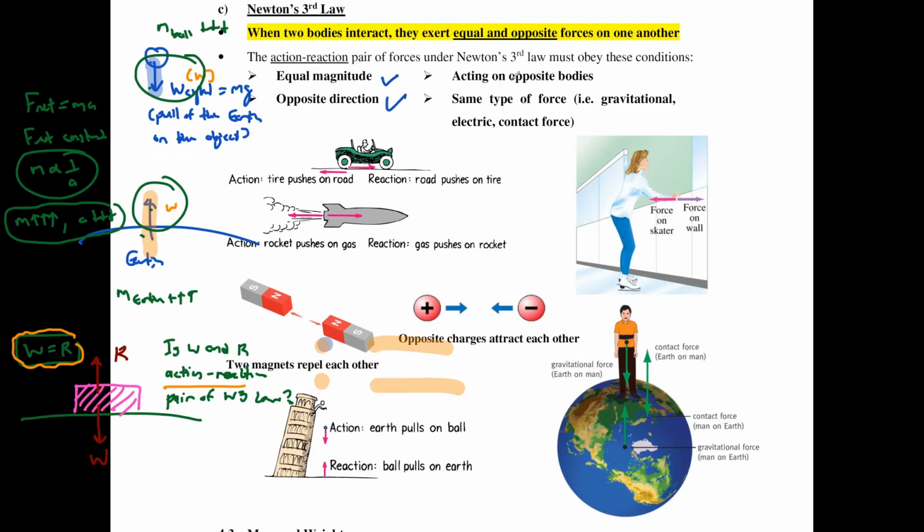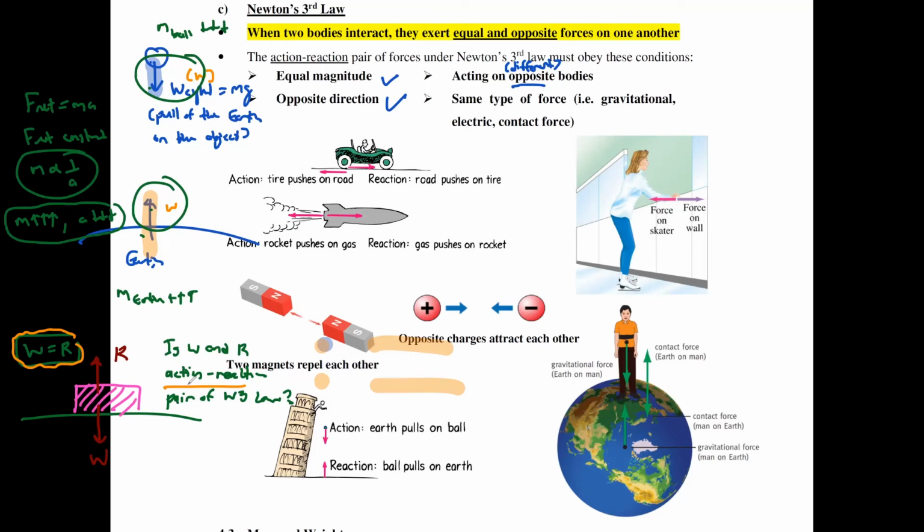Now, acting on opposite bodies. Do you agree that R and W are acting on opposite bodies, in other words, different bodies? Opposing bodies can be different bodies. But here you notice that R is acting on the block, and W is also acting on the block.